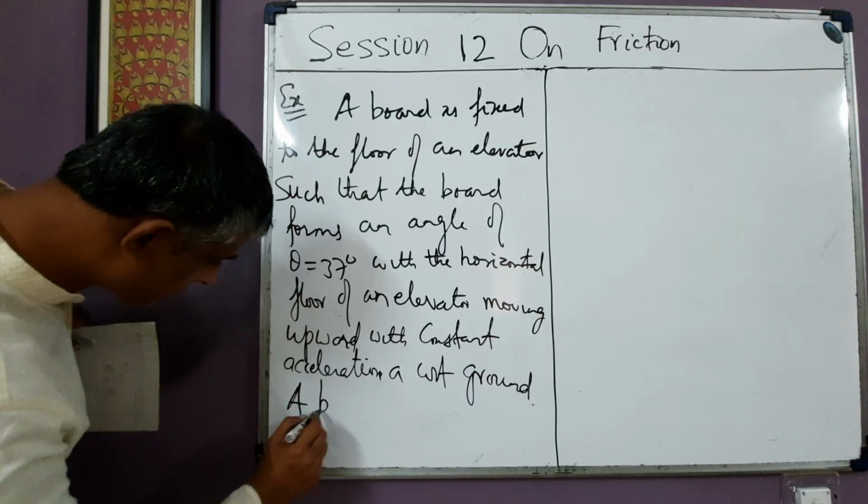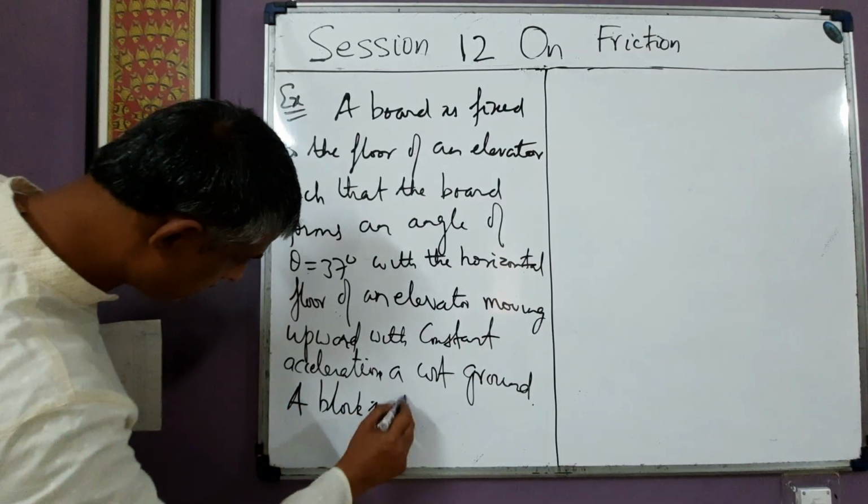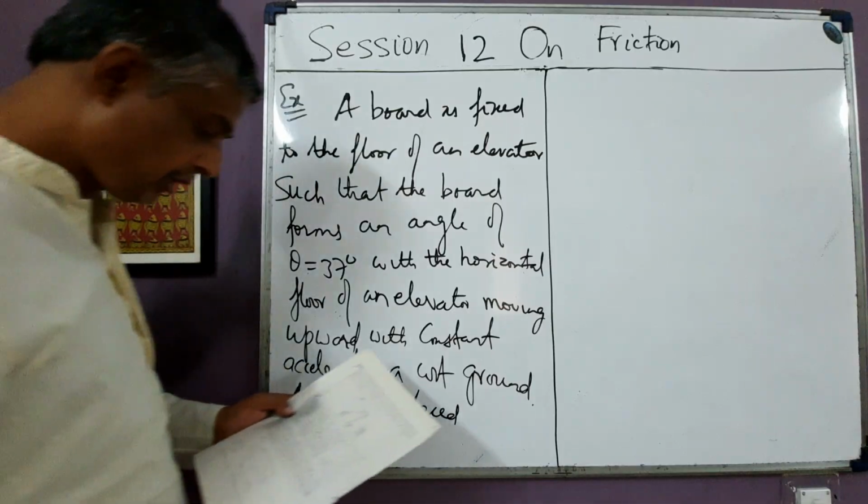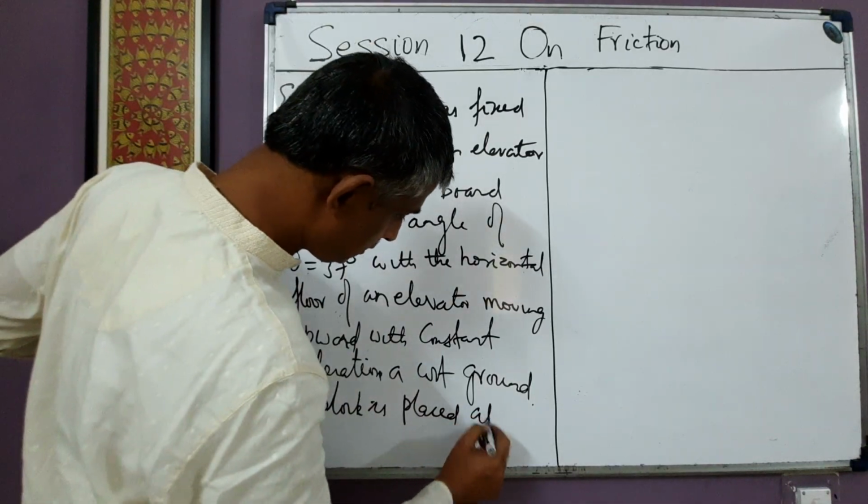A block is placed on point A of the board as shown.